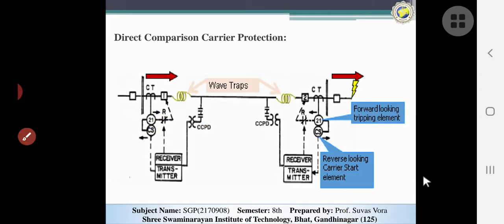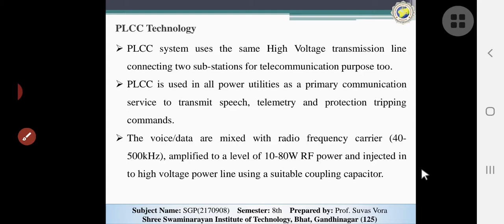So this is the basic scheme for the direct comparison technique. Now the PLCC technology.